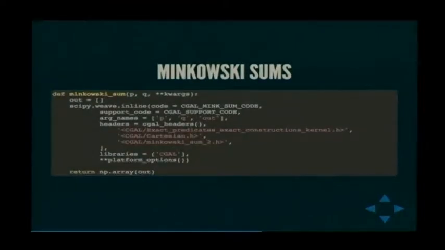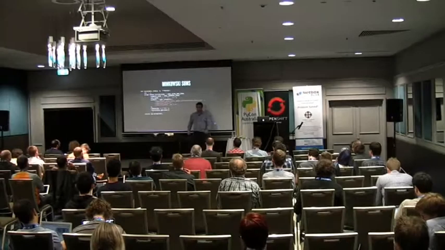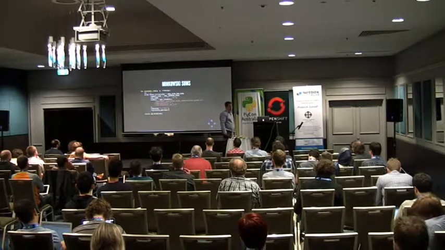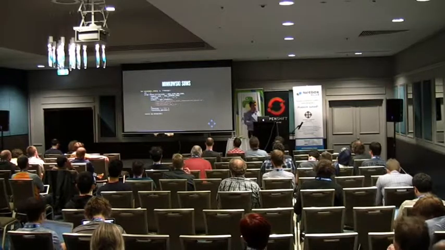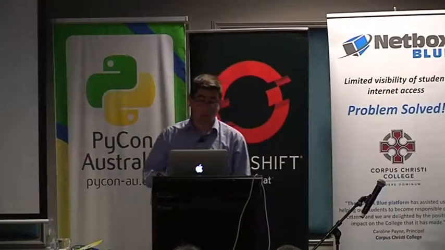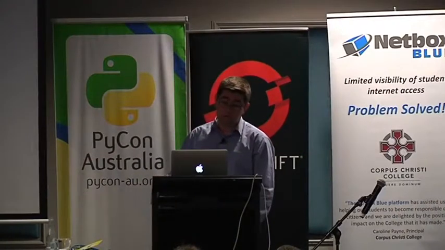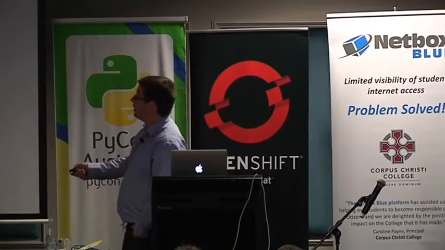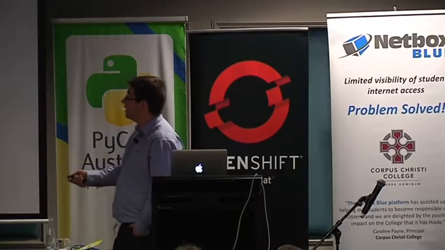So how does that look when I actually put the whole thing together? This is a far more realistic example of what you might do with this, by the way. There's the code that I had on the last slide. I've got another little string of support code, so if I want to call multiple functions from CGAL, I can share that code. Again, I've got my arguments that I'm passing in and out, and the headers and libraries that I need.